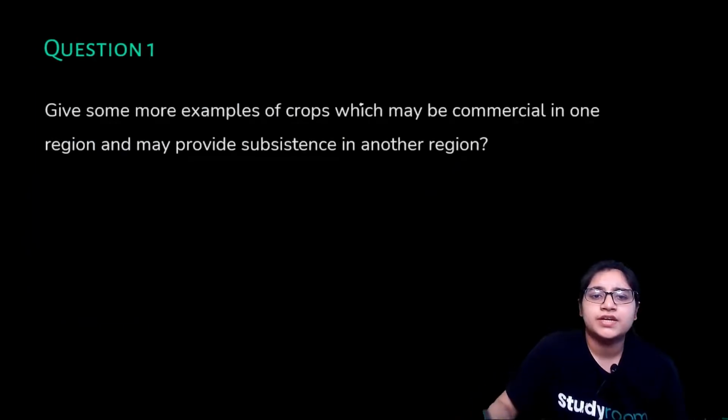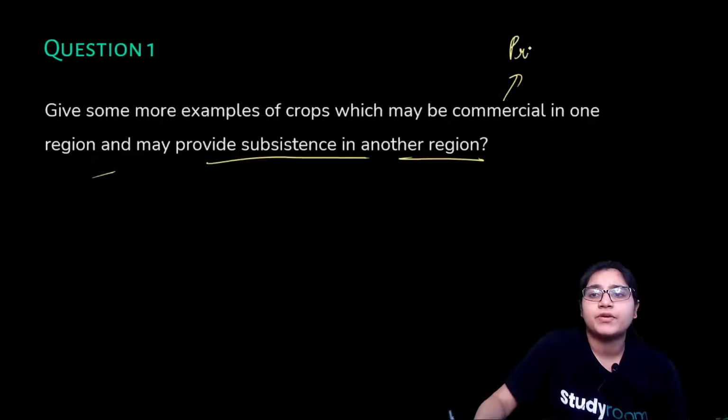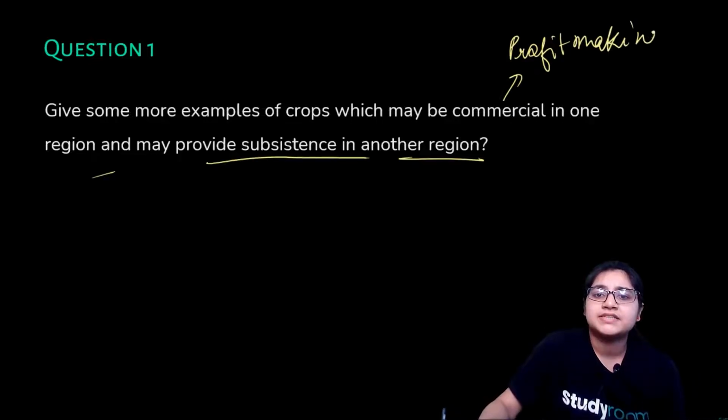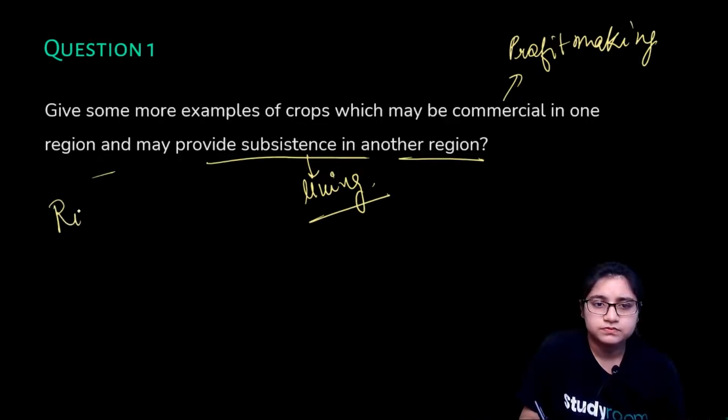Right? So, give some more examples of crops which may be commercial in one region and may provide subsistence in another. Commercial means profit making. Somewhere you are making a profit, but sometimes it's just for living, so that daily meals are sorted. First example is rice.